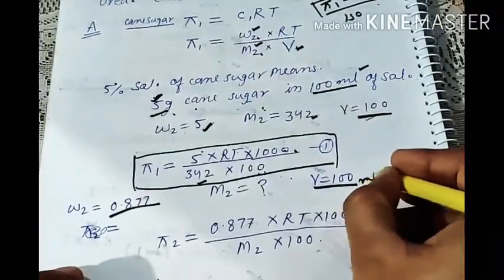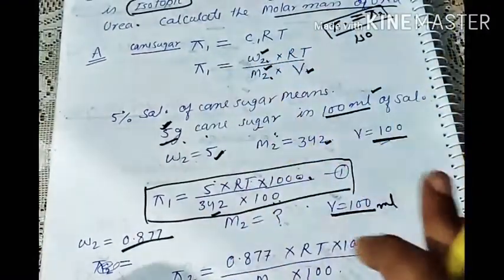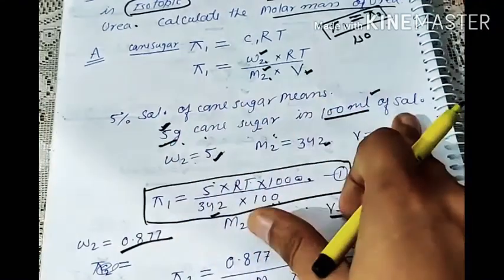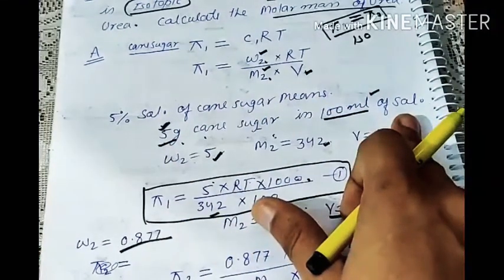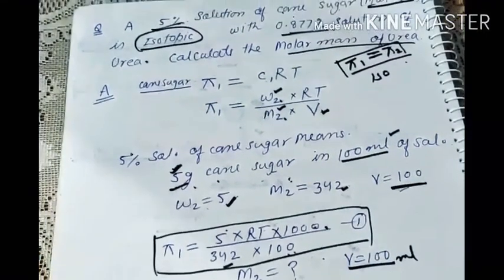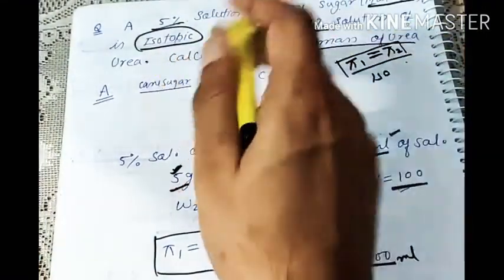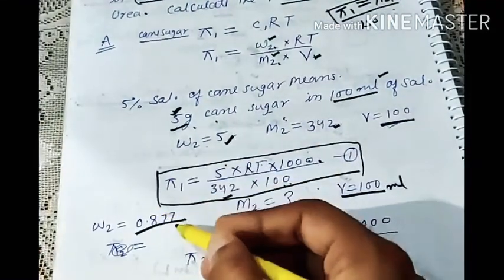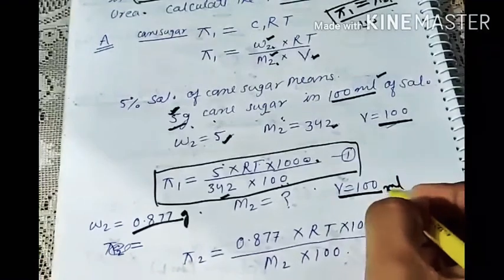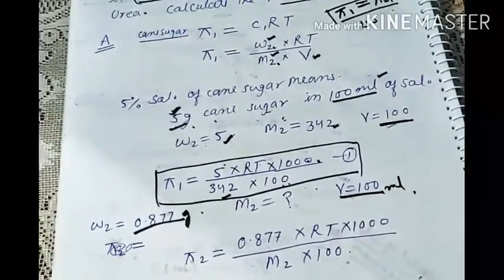Are you getting me? बिल्कुल वैसी क्या है जैसे ऊपर वाले में किया मैंने। 5% केन शुगर सोल्यूशन मतलब 5 ग्राम केन शुगर, 100 ml हमारा सोल्यूशन होगी, सोल्यूशन का वॉल्यूम। इन द सेम मैनर 0.877% solution of urea means 0.877 gram of urea or in 100 ml of solution.